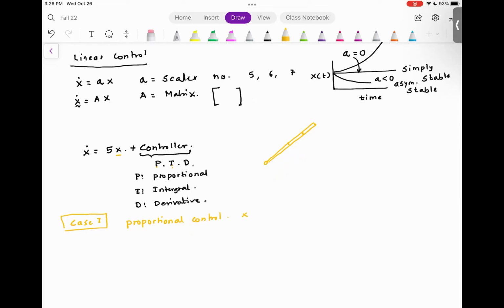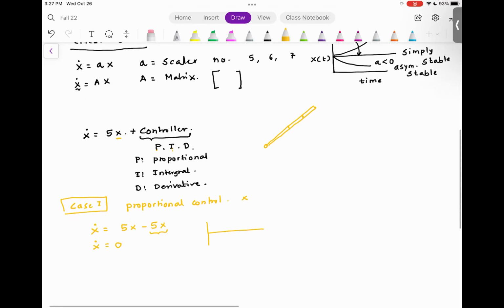So my controller, I'm going to say x dot is equal to 5x, and then I'm going to add the controller term, which is minus 5x. Are you with me so far? This is going to be my controller term. And as you can see, this controller term cancels out the state dynamics, which means my x dot is equal to 0. In other words, my system is going to become simply stable.